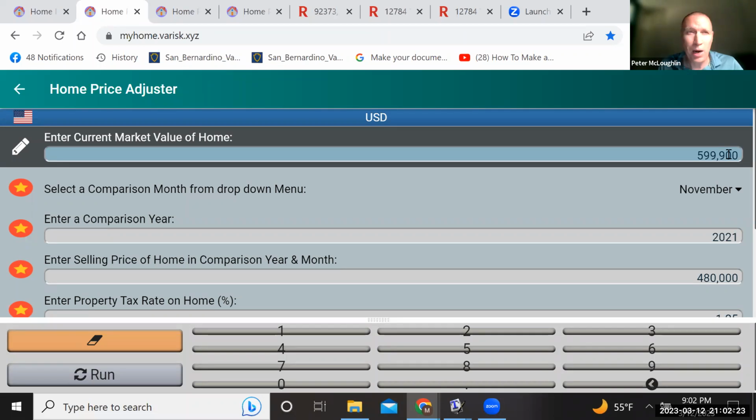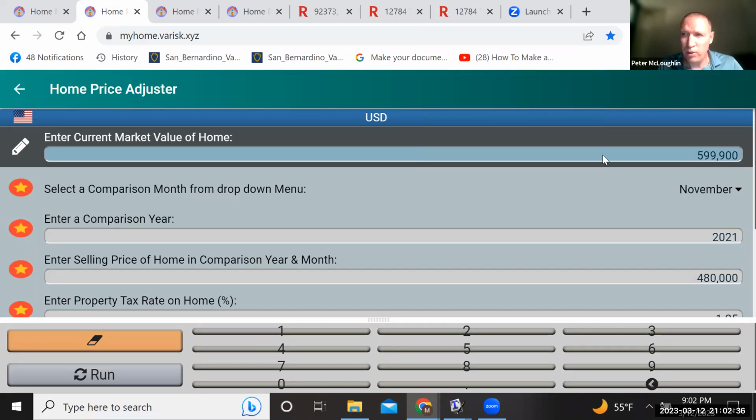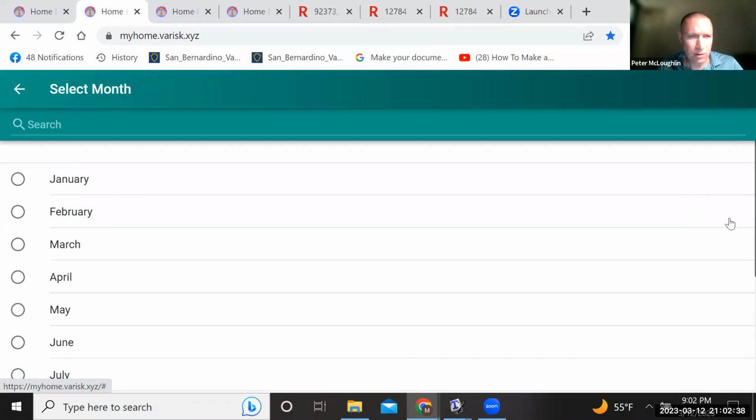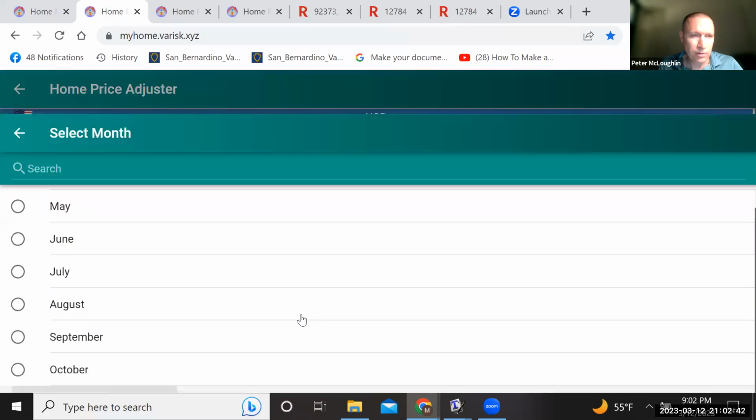Then we're going to compare it against the comparison year and month. Our comparison one, if I go back over here again, it sold in November 2021 for $480,000. So for the month, I'm going to choose November, like I've done here.